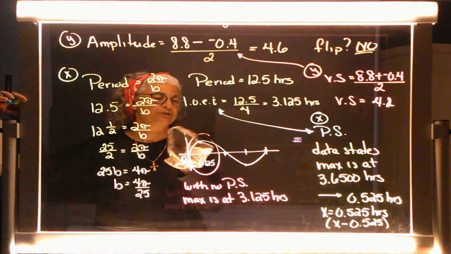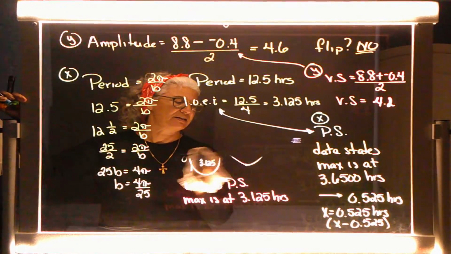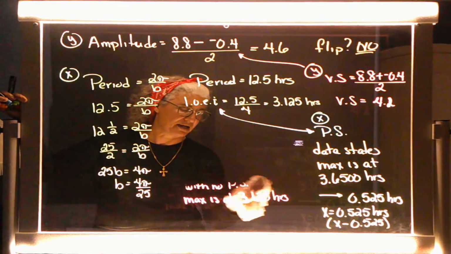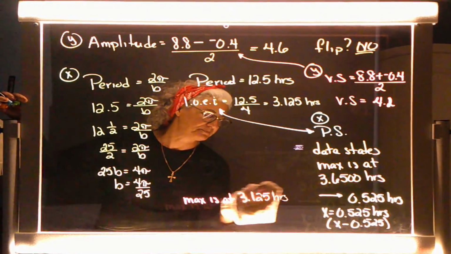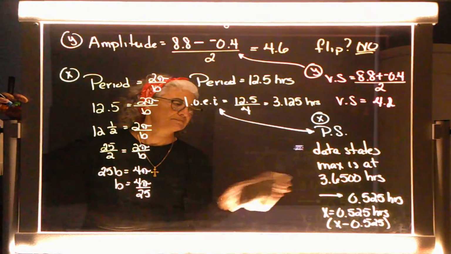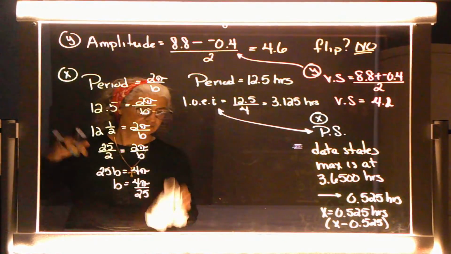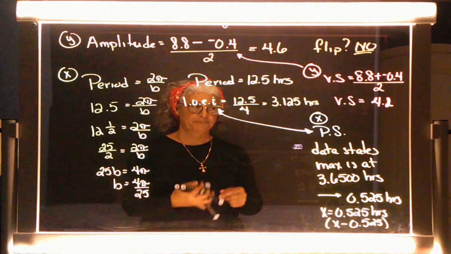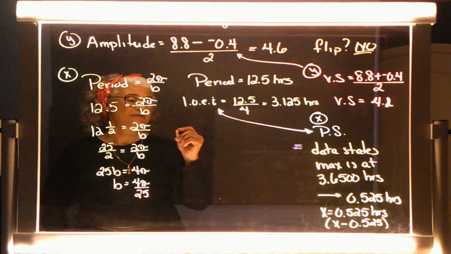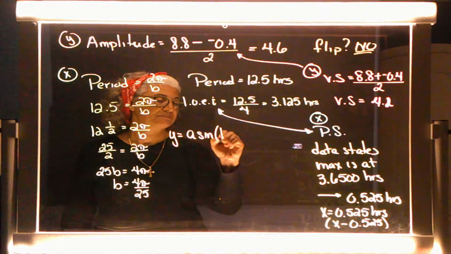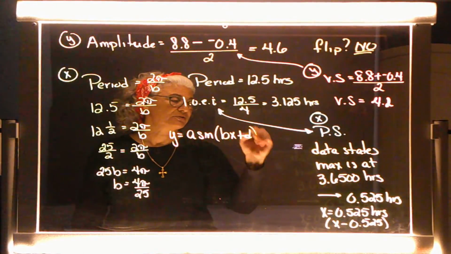So I am going to erase LOE because I need some board space to help me write my sine function. Some of you may benefit from writing the generic sine function so you can see it, so you know where everything goes.